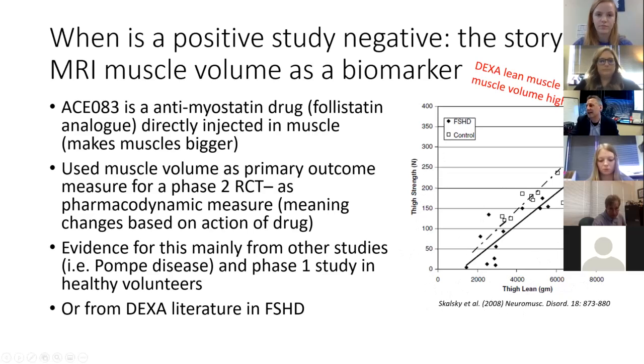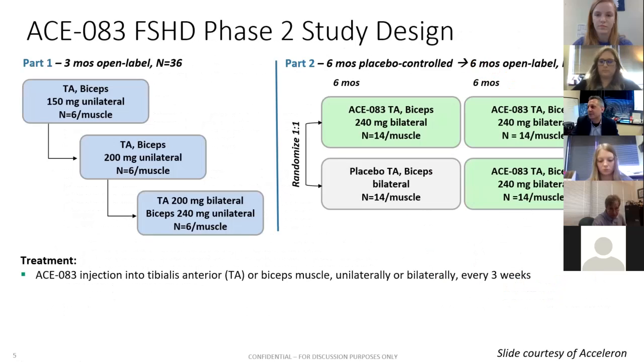This was from DEXA measurements, and you can see there's this correlation. So the thought was, if we can increase the thigh lean muscle mass, the strength itself may also go up. So there was this relationship between the two that suggested they might be connected.